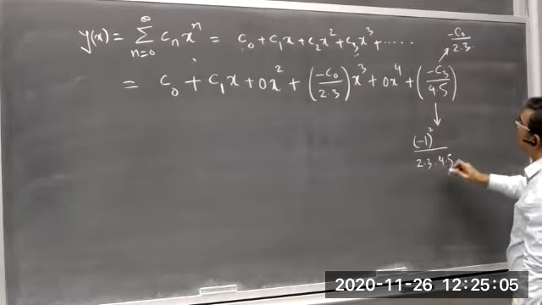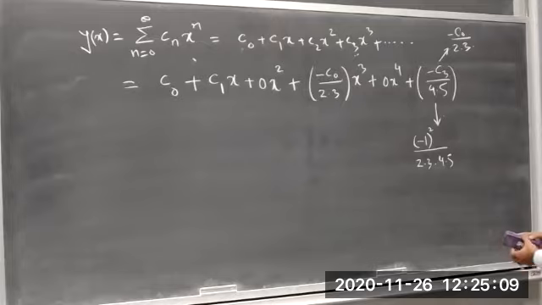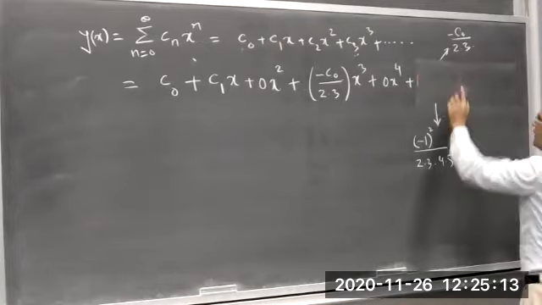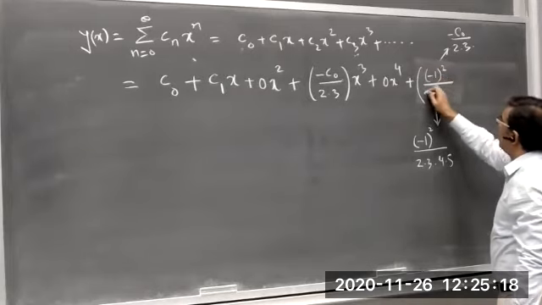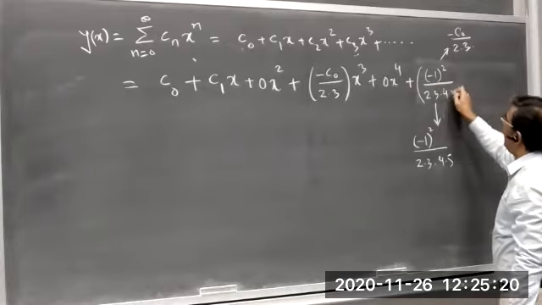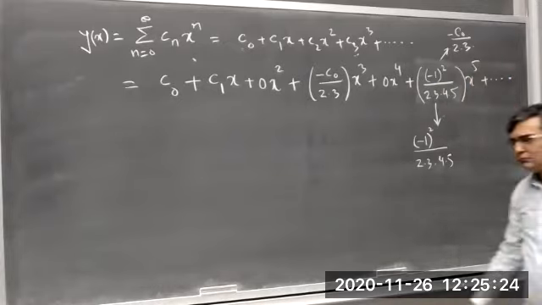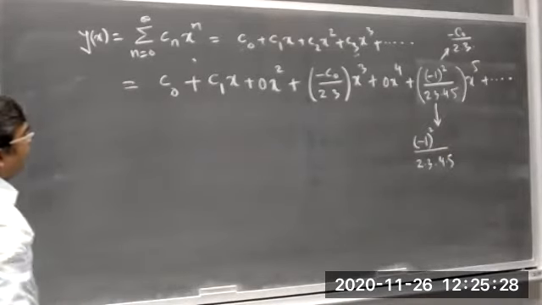So this is your C5. So we can directly write here, (negative 1) raised to power 2 divided by 2 into 3 into 4 into 5, x power 5, and plus so on.